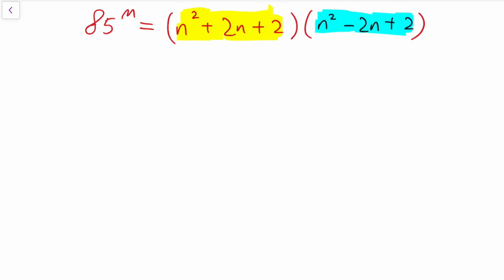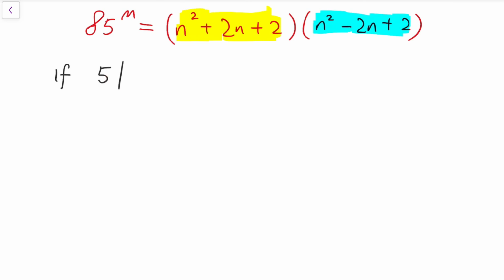If so, then it's actually quite easy to solve. But what if these two expressions share common prime factors? Under this situation, because their product is a power of 85, they can only share two prime factors, which are 5 and 17. So let's see what happens if they really have such a property.